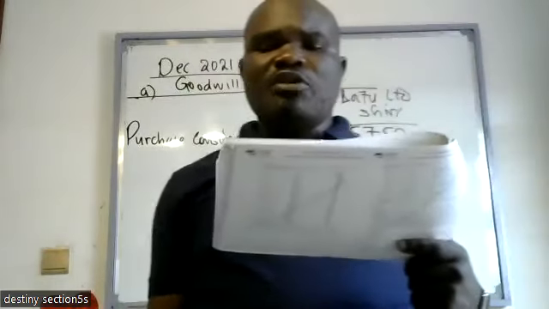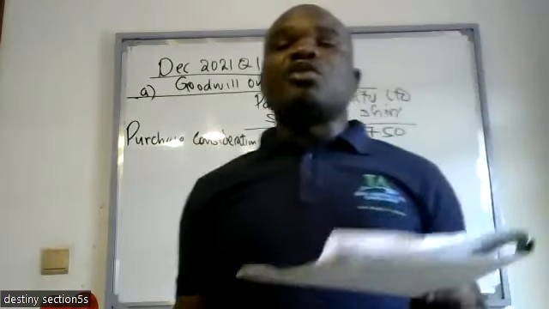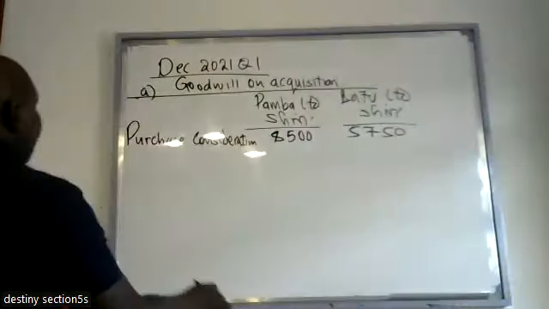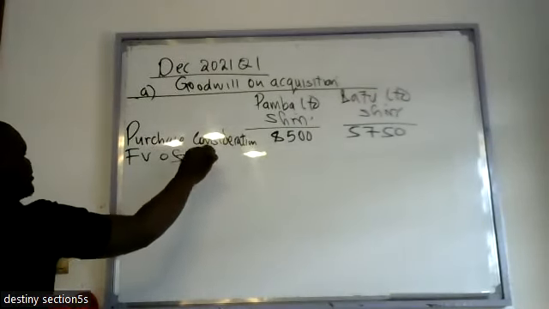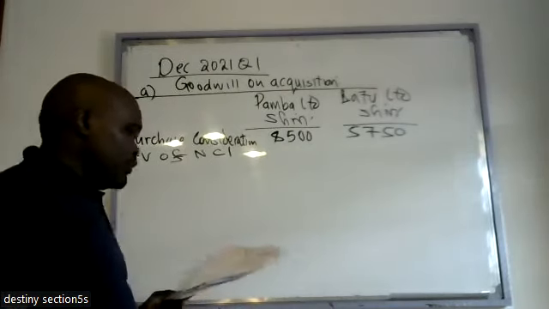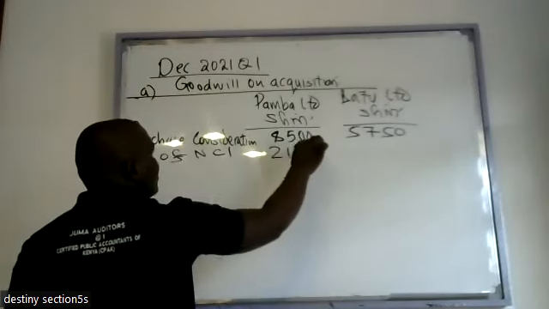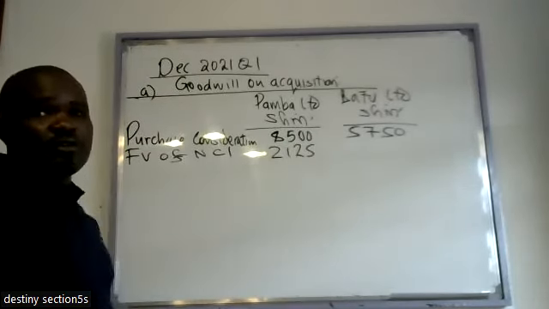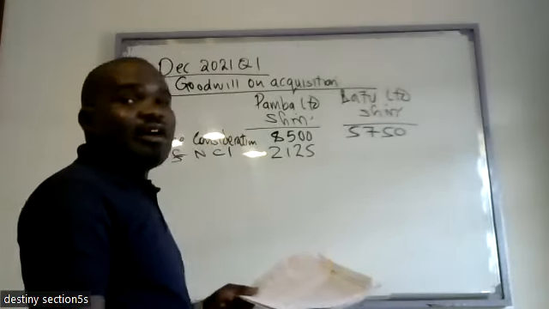At the date of acquisition of Pamba, the non-controlling interest had a fair value of 21.25. So fair value of the NCI is 21.25. There was no fair value of minority in the other one, so you cannot force it like that.